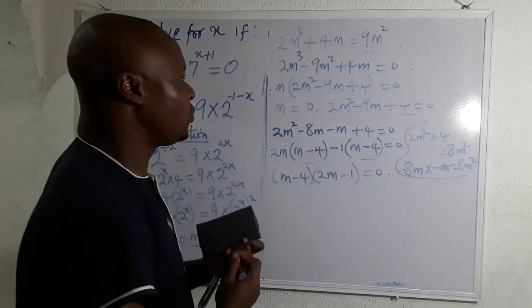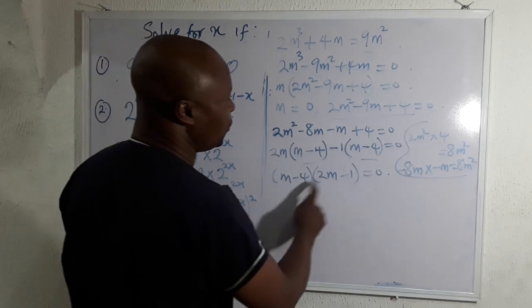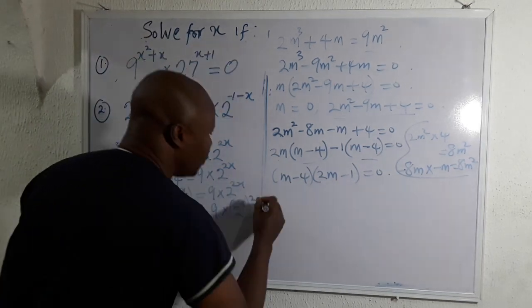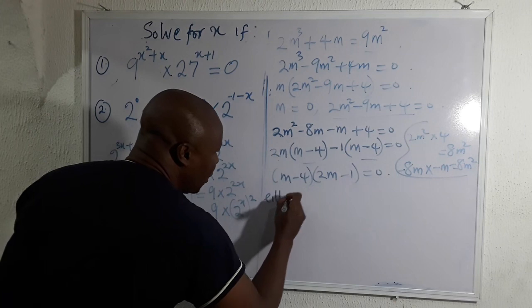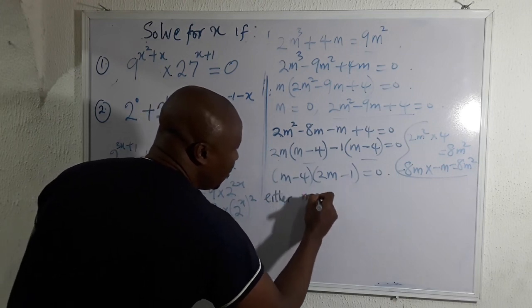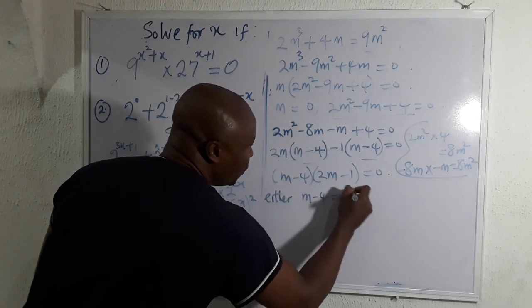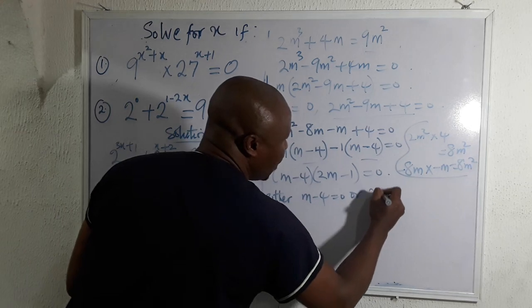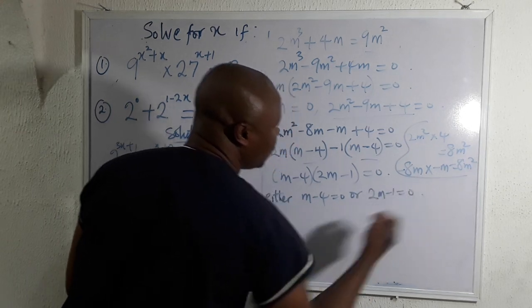So we factorize it, so we can say either this is equal to 0 or this is equal to 0. So either m minus 4 is equal to 0 or 2m minus 1 is equal to 0.